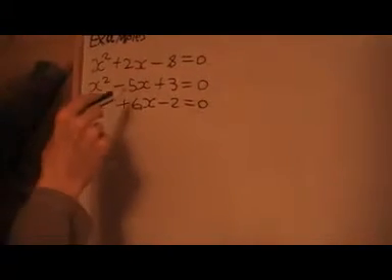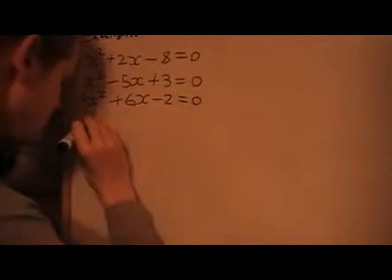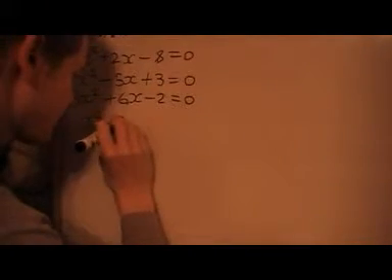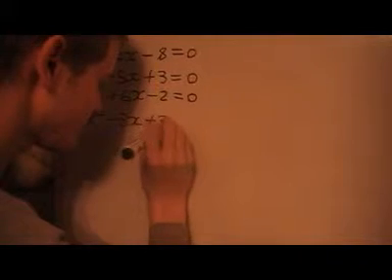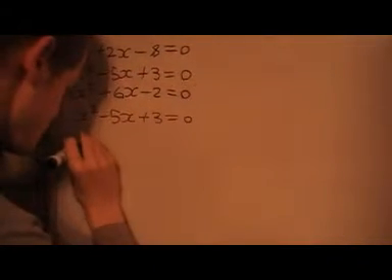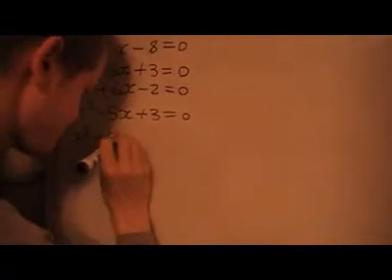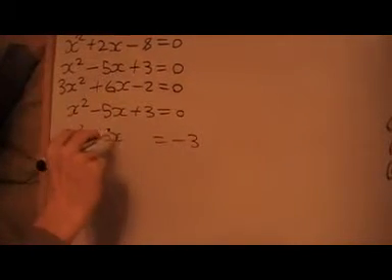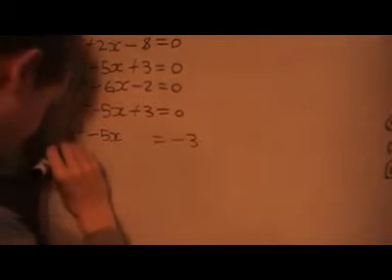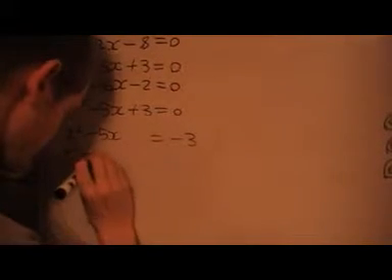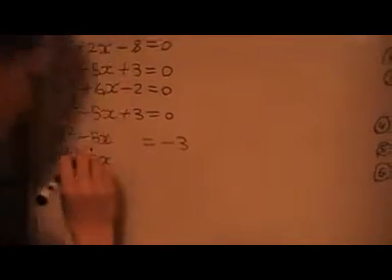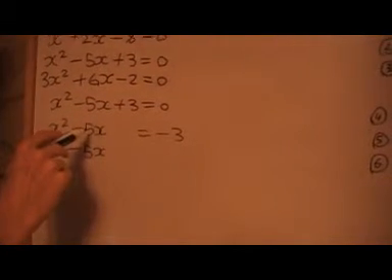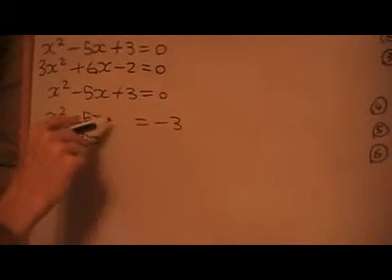And then we've got x squared minus 5x plus 3 is the next one. So I move 3 over. Then I complete the square. So I'm halving this, so I get minus 5 halves.